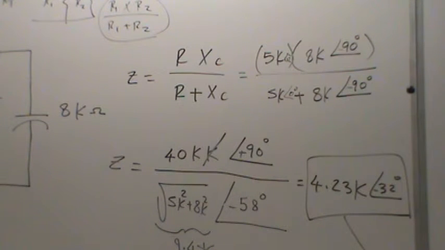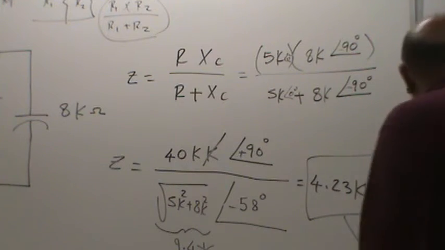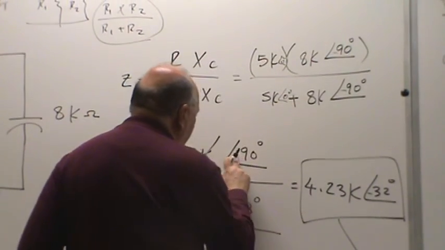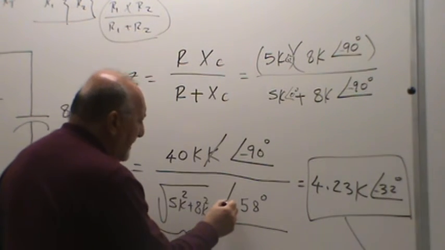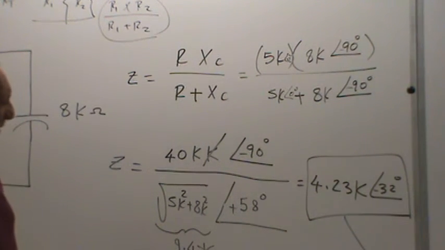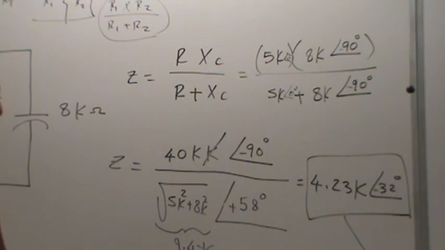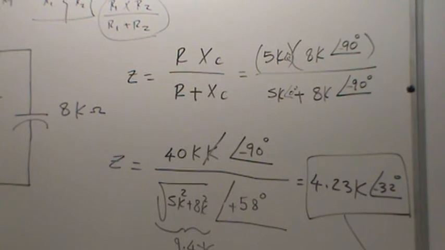Okay, 90 minus negative 58, that's going to be positive 148, right? So where do you get that negative 32? Oh, that's just 180 minus 148. From minus to plus over here, this 90 would be negative 90. This one has to be positive 58, no? Wait, was it negative before?